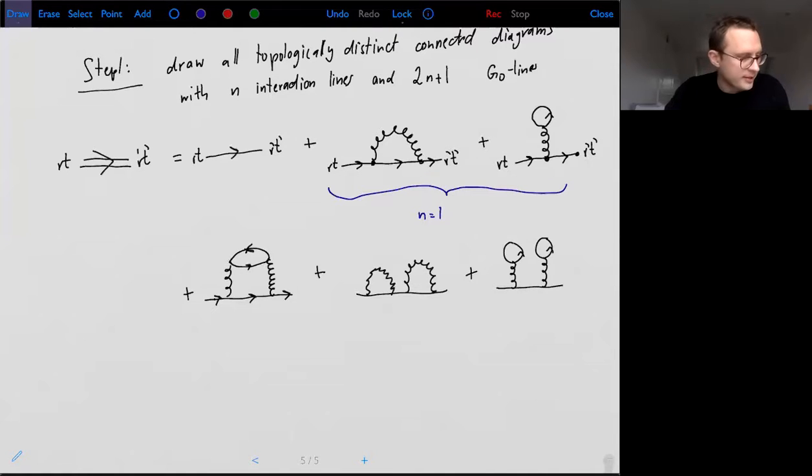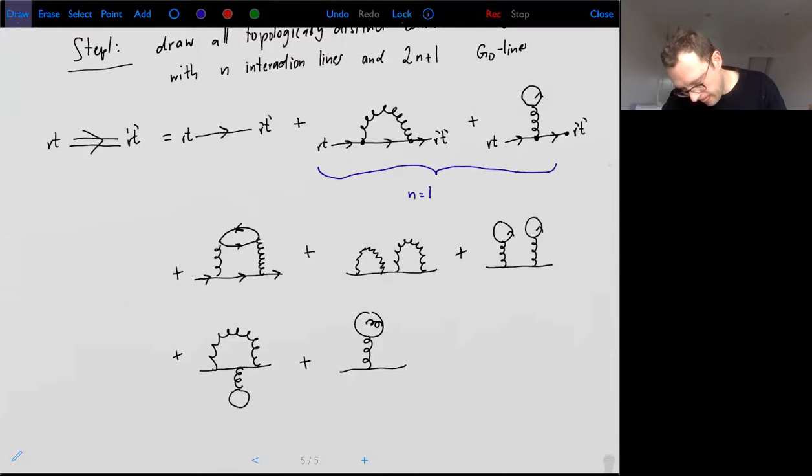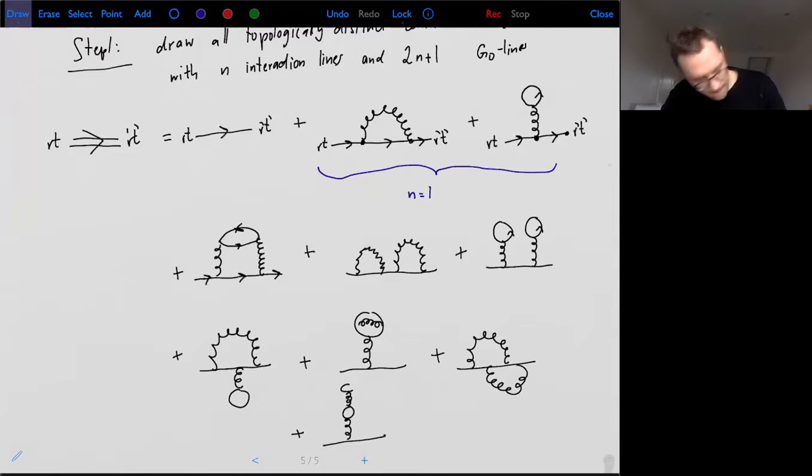And what else? I could have something like this, for example. Right, so that's one. I could have something like this. I could have something like this. There's a couple more. I could have something like this. I could have something like this.